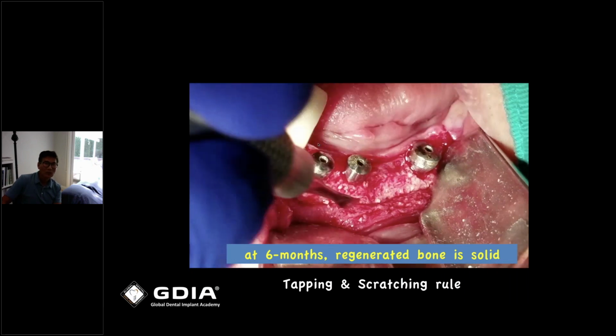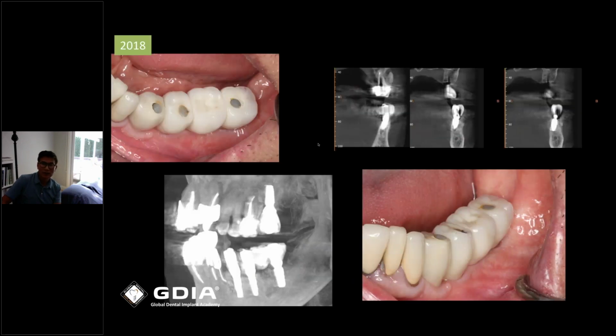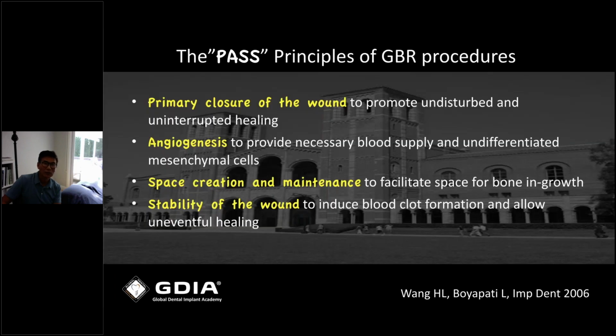So that's probably 2018, and it still maintains the bone on the buccal side. You can see the pathway is similar to Daniel Buser's principle of GBR. We call it the pathway, which is Hom-Lay Wang's 2006 primary closure of the wound.